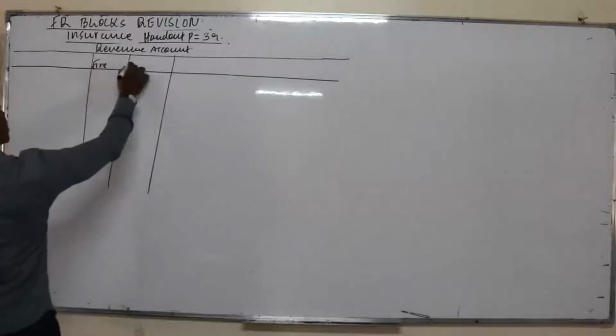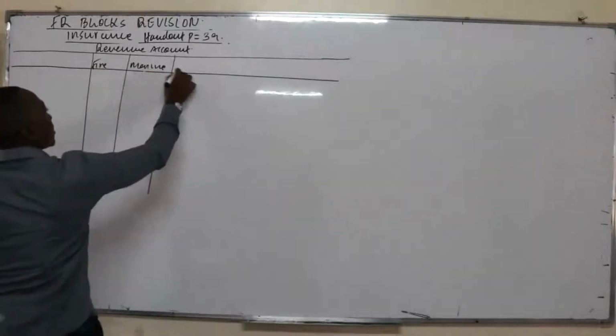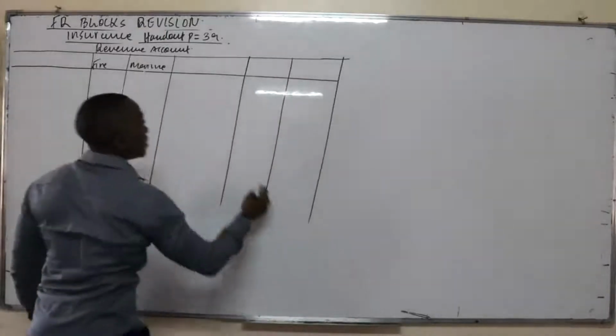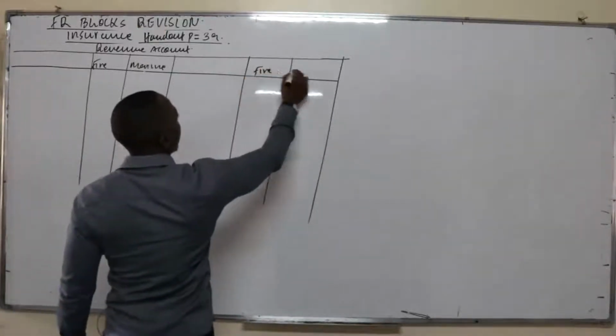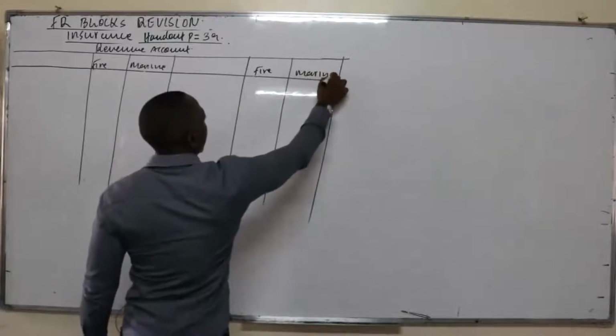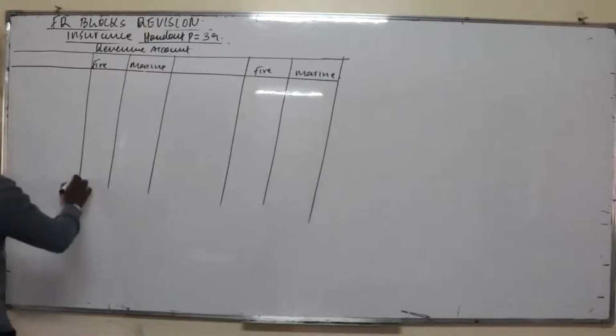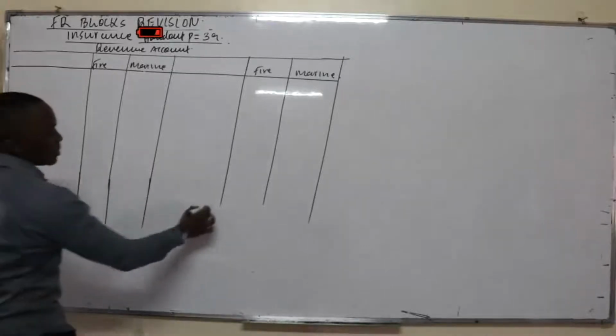There is fire, there is marine. So when presenting the revenue account for insurance, we just need to remember the format.